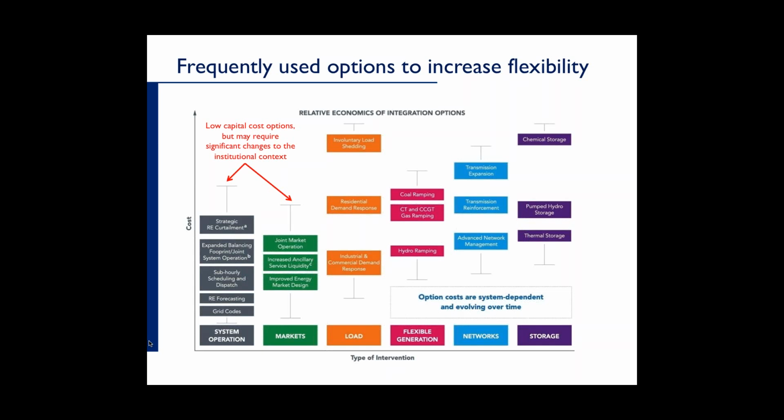So these are the categories of things that we can look at to help increase the flexibility on the system. So for example, with markets, there are market designs that can be put together. We have many of those in the US and some in Europe that can be designed in such a way to elicit as much flexibility from the power system as possible. And there are a number of specific steps involved with that.